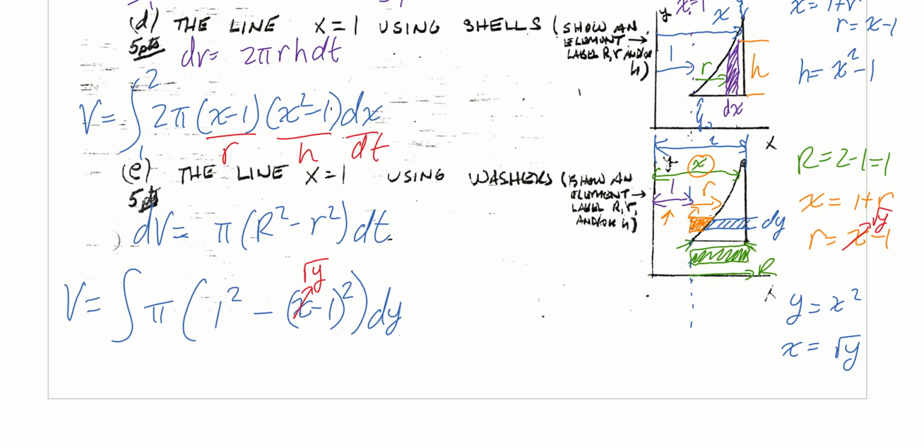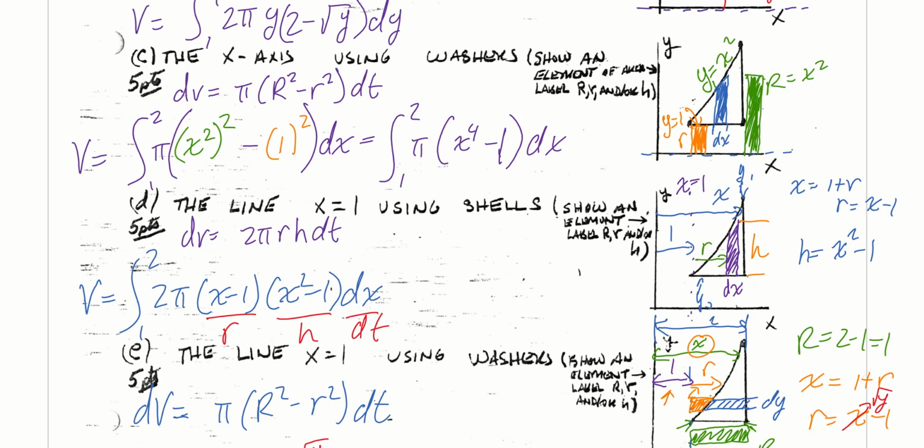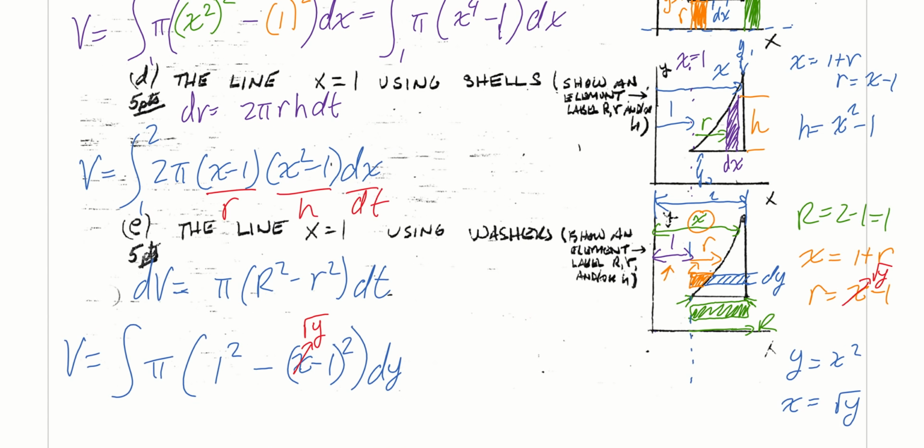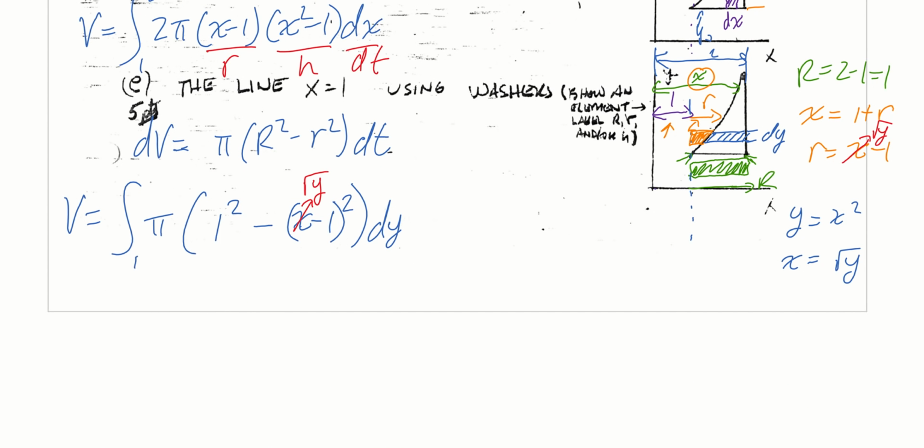Then my limits are going to be, again, for y. So go back up to our y ones. I think it's 1 to 4. Yeah, so 1 to 4 in terms of y. And I'll go ahead and rewrite this as minus square root of y. There we go.